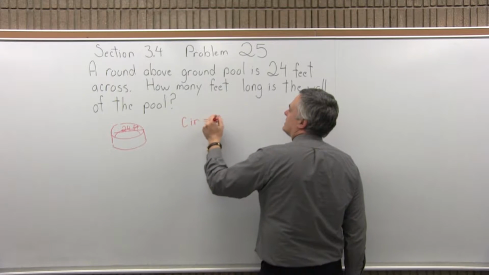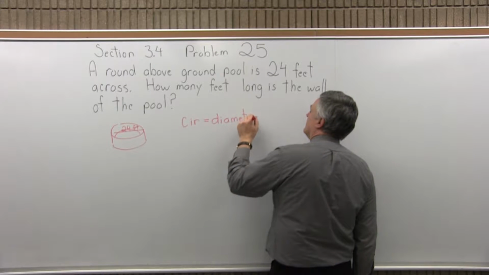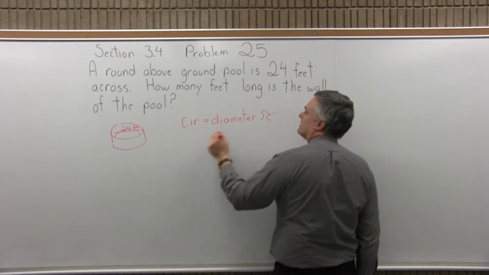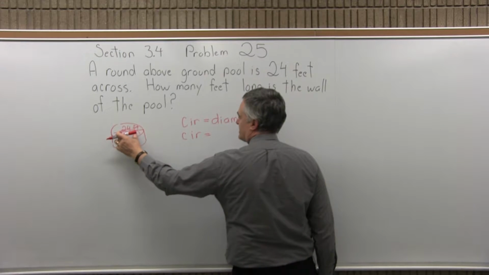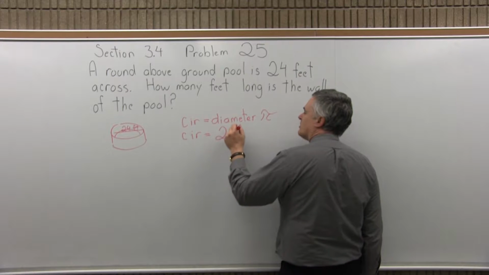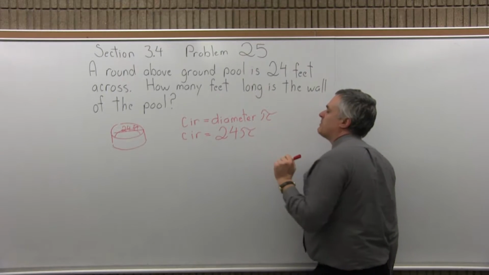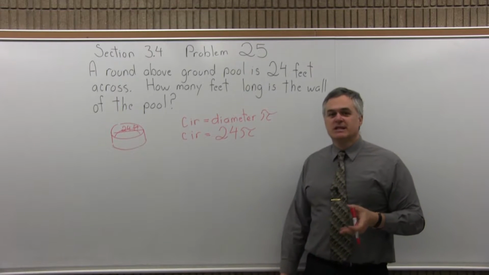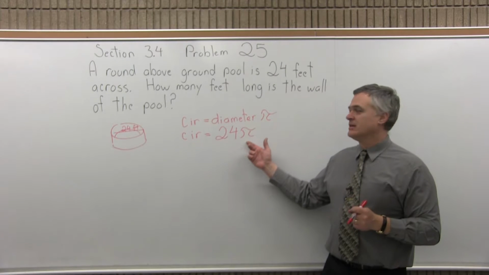So circumference equals diameter, or the distance through the center, times pi. The diameter, or distance across, for the swimming pool is 24 feet. They have other sizes too, bigger and smaller pools, but 24 is pretty common. So 24 times pi. Some people will just leave the answer like this because some people want more or less accuracy.